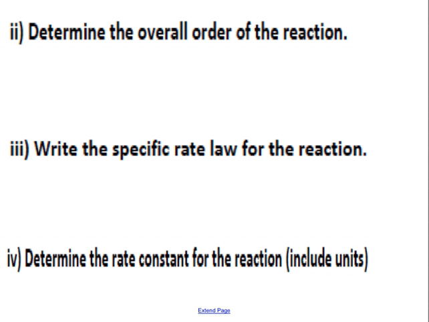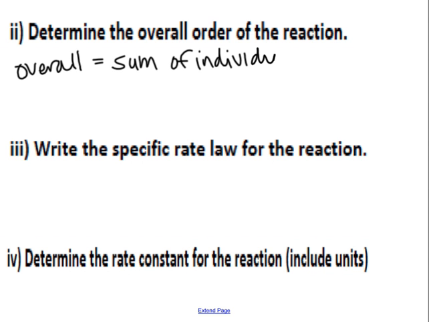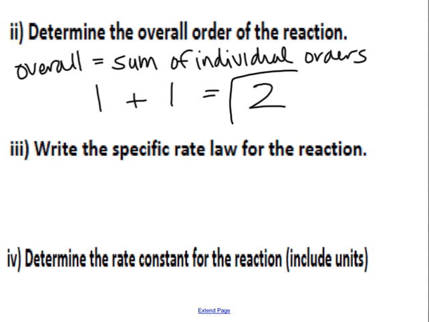Determine the overall order. Overall order is always equal to the sum of the individual orders. So we had first order with respect to F2, first order with respect to NO2, so our overall order is second order overall.